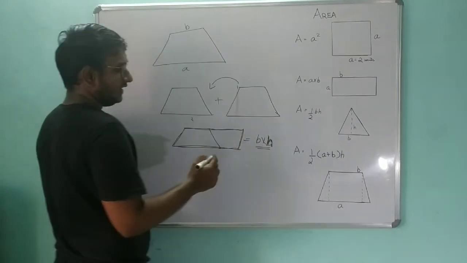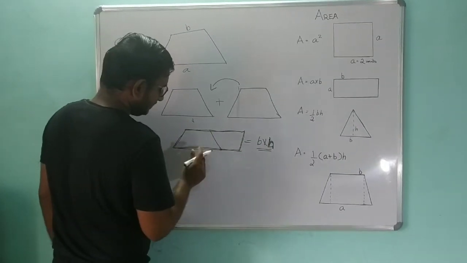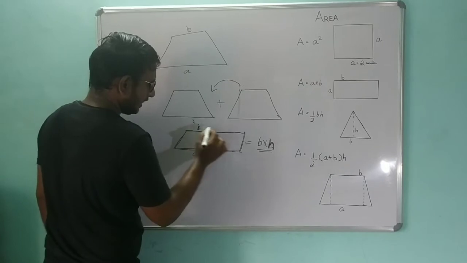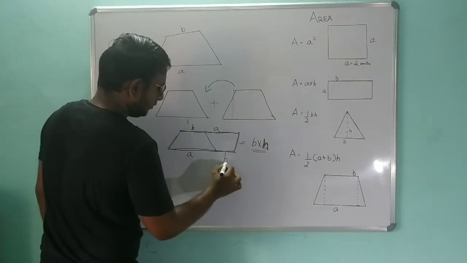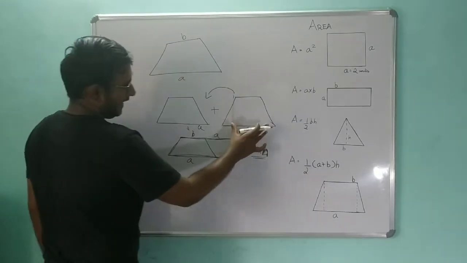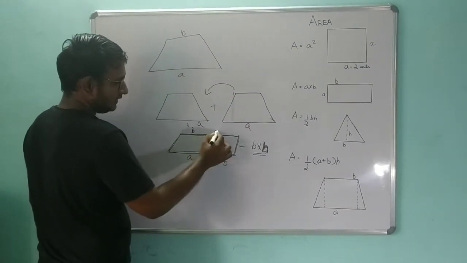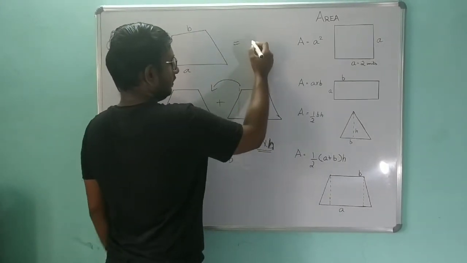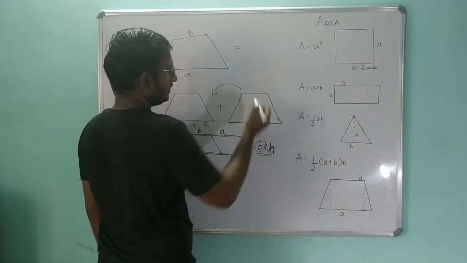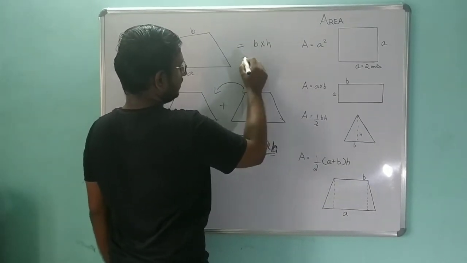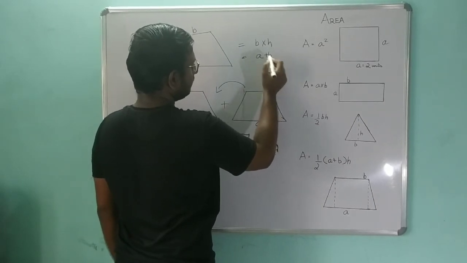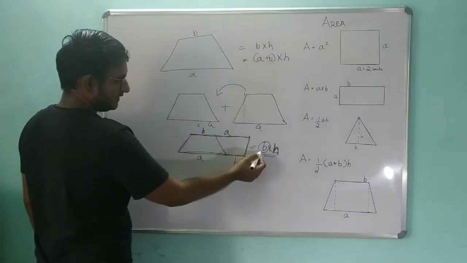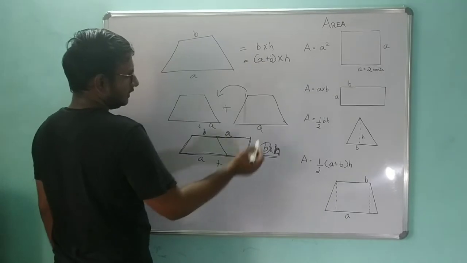But here we can't find the actual breadth directly. Here is A, B, and here A and B, because this trapezium got inverted and the A comes over here. So instead of breadth B, we will have A plus B into height.